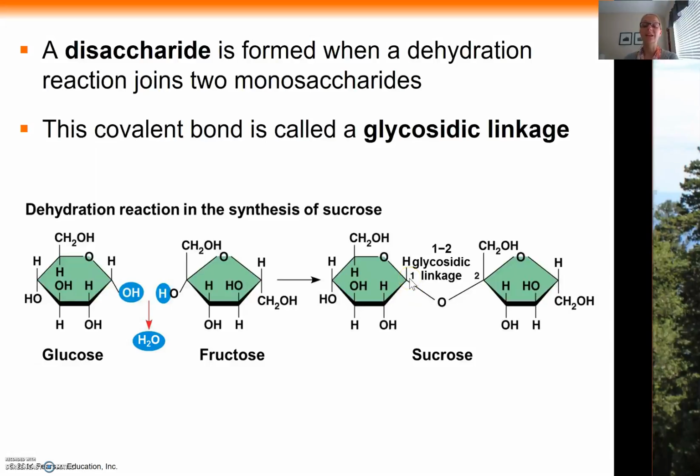And this forms the glycosidic linkage. In particular, this type of glycosidic linkage, which links the first carbon and the second carbon of the adjacent monosaccharides, is called a 1,2 glycosidic linkage. Not important to memorize the numbers, but when you see them, you know where that term comes from. It's essentially labeling those carbons involved in that particular glycosidic linkage.